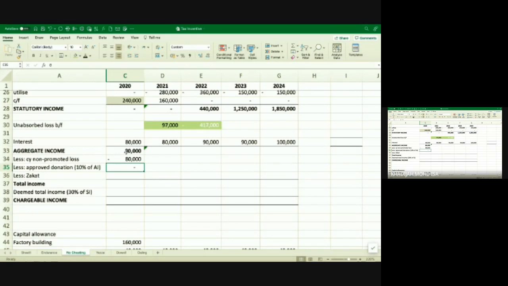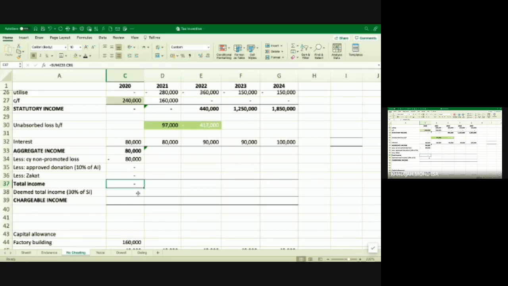Once it's 0, you cannot claim any more donation, even if you make an approved donation, because there's no more income to absorb it. Similarly, there's no information about zakat. So your total income here would be nil as well.